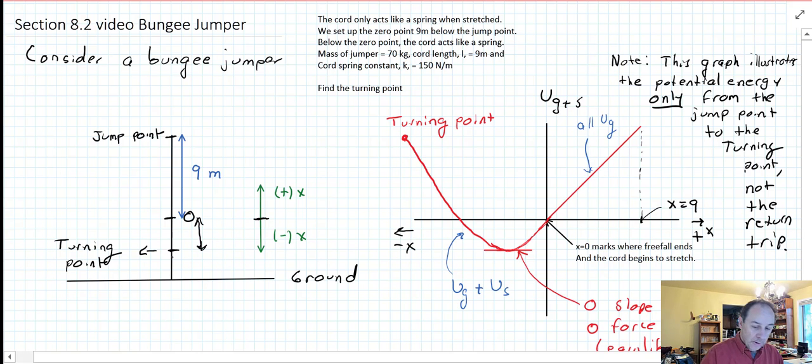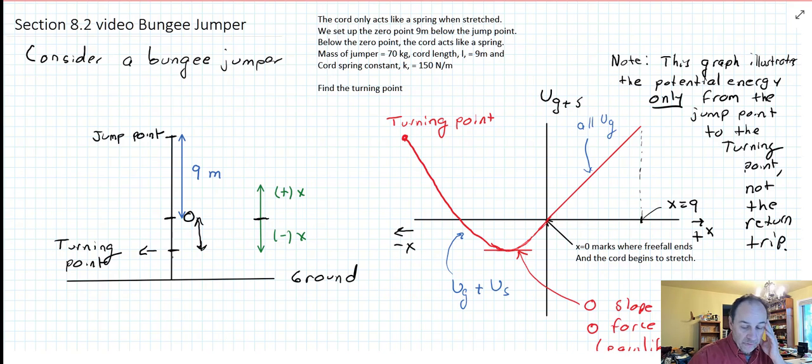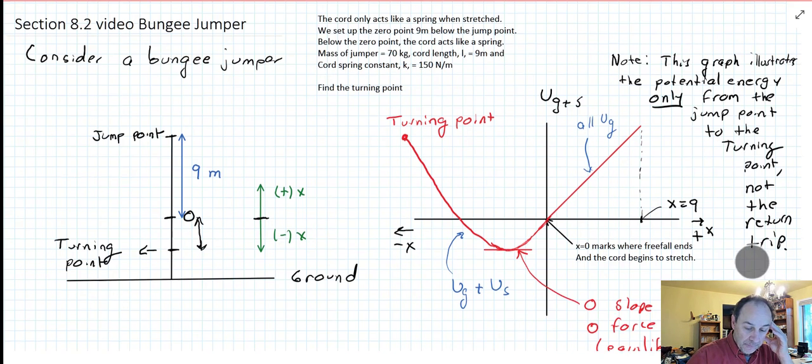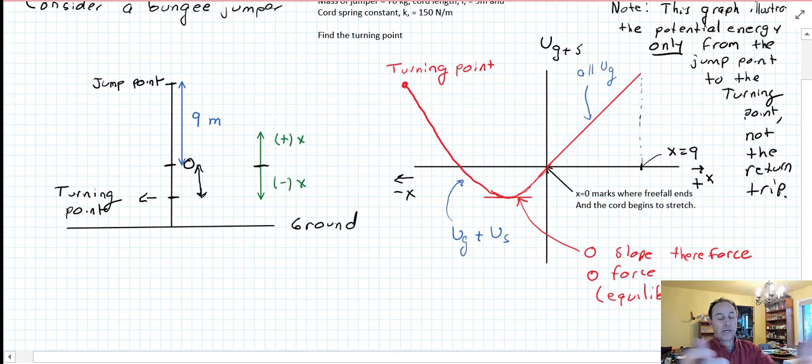All right, so I set up a sketch here of the potential energy. Now, in the diagram to the left, distance is measured vertically because it's a jump, but we're still calling it x. X is positive above the 0 point, x is negative below the 0 point.